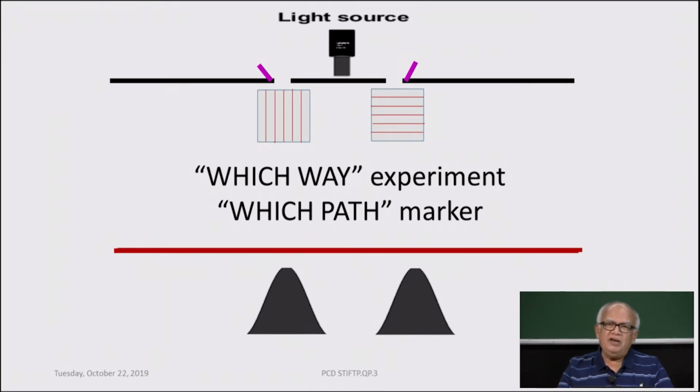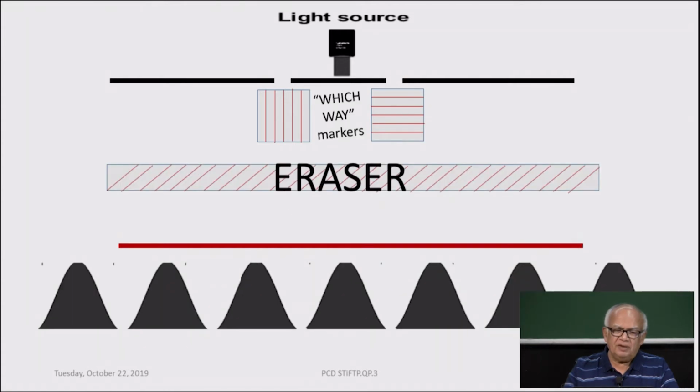Now, what if you erase this information? There is some information with you and you forget about it by erasing it; you take an eraser and remove that information from your book of knowledge. So, how can you erase it?